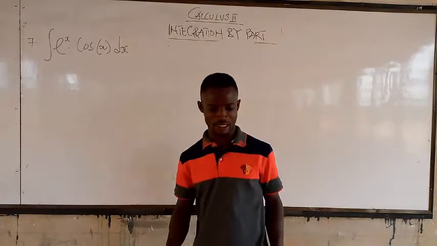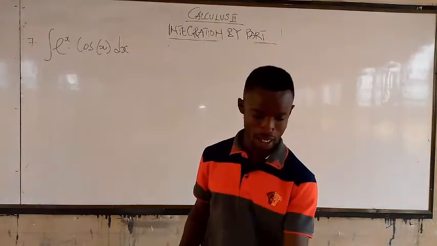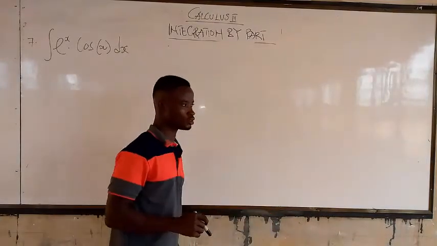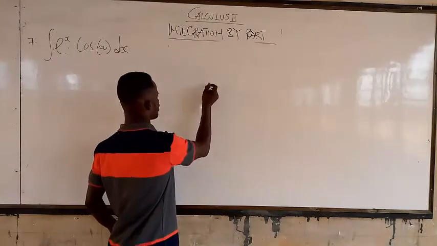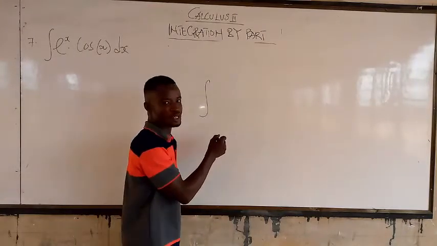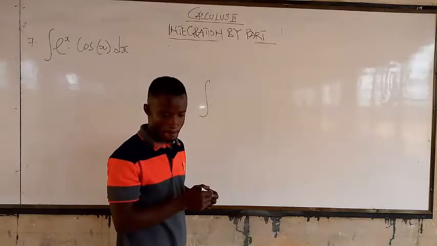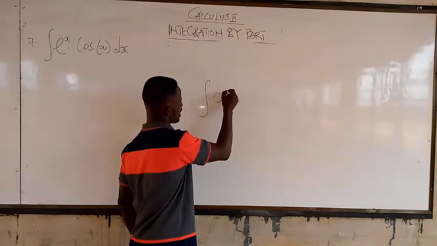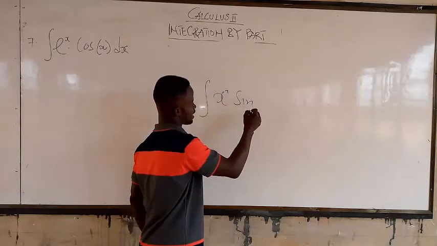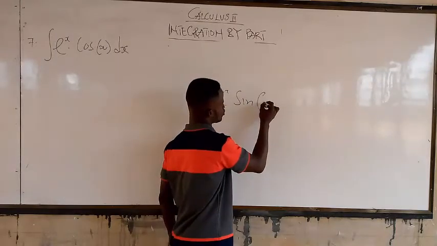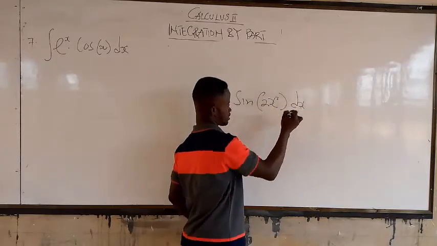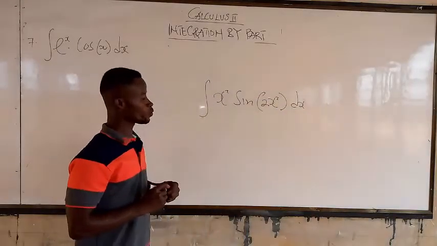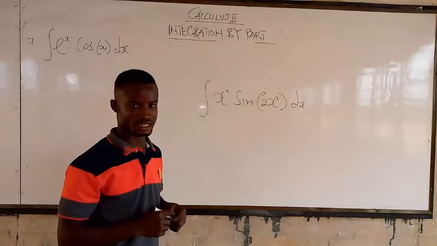Alright, let's look at something now. I would like to test you on something. If I have integral s squared sine 2s squared ds, which technique is that?